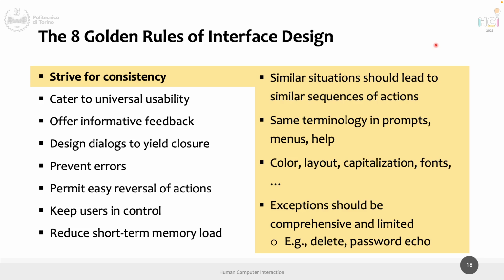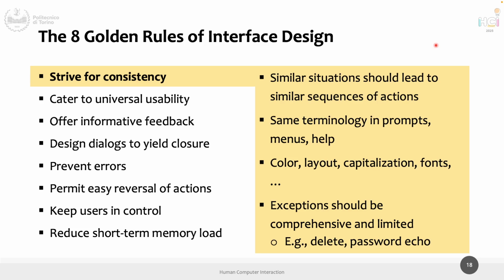Exceptions should be limited and comprehensible, for some specific case where you want to highlight that something is different here. You don't want consistency because you want to catch the user's attention. So if a button is called next in a form, in the next form you have, it should also always be called next, etc. And if a form has two buttons, next and previous, all the forms should always have next and previous in your interface.